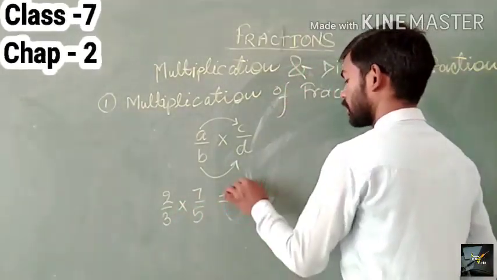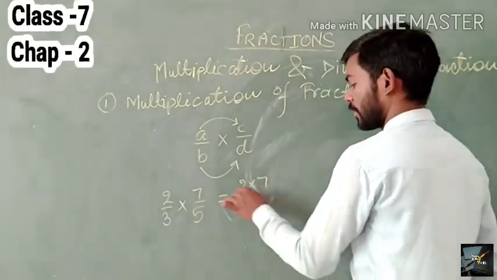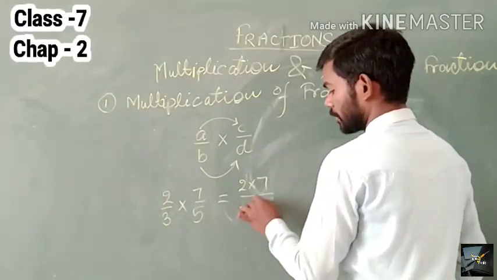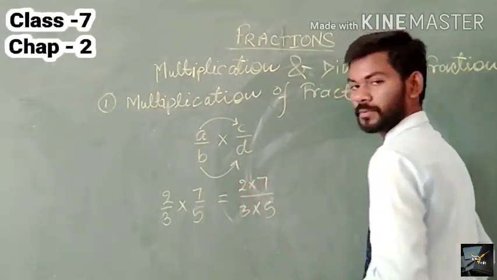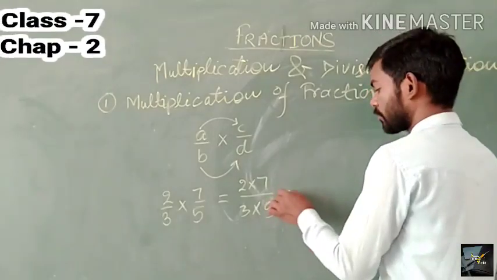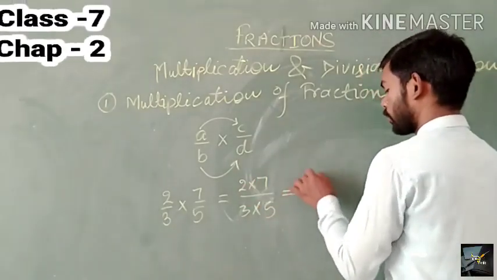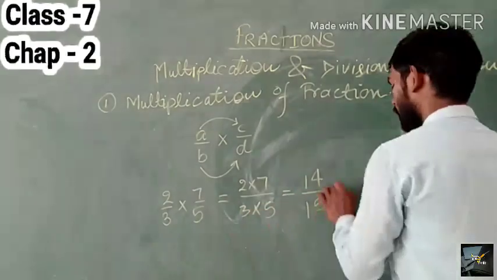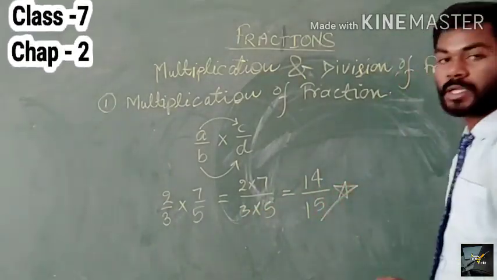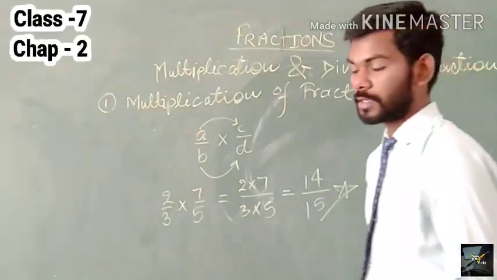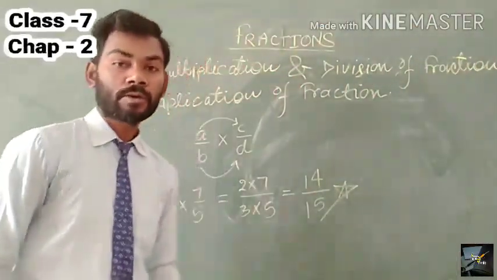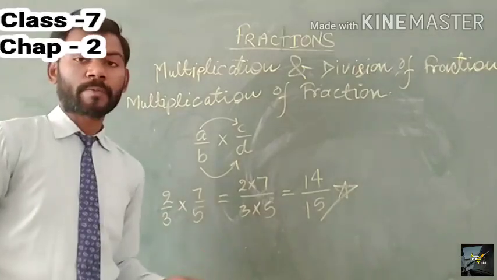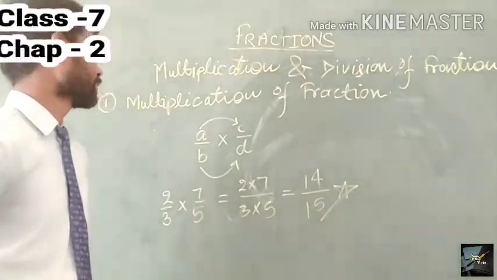Then we get 2 multiplied by 7 upon 3 multiplied by 5. And at last we get 2 sevens are 14 upon 3 fives are 15. Therefore 14 upon 15 is the right answer.